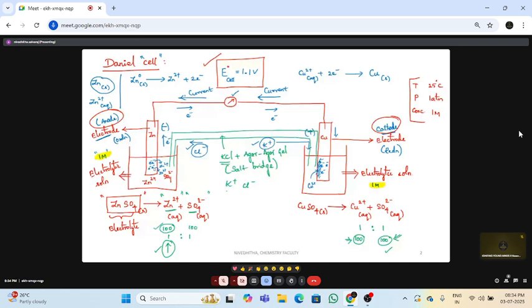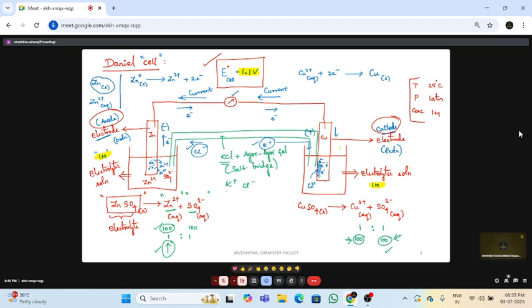Yes, ma'am. Fine. See, we got this 1.1 volt in the overall cell, right? This potential was contributed by both zinc and copper, but the contribution was not 50-50. The contribution from zinc was different from the contribution from copper.